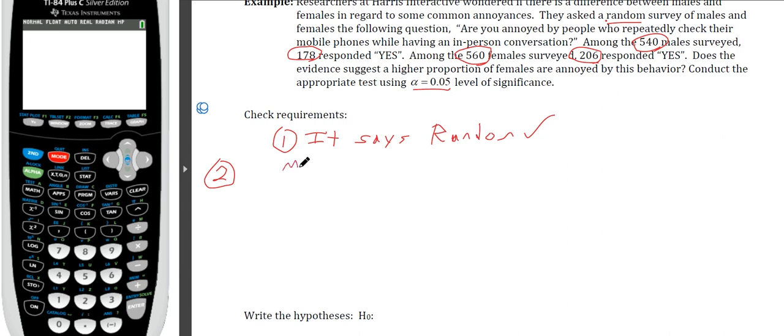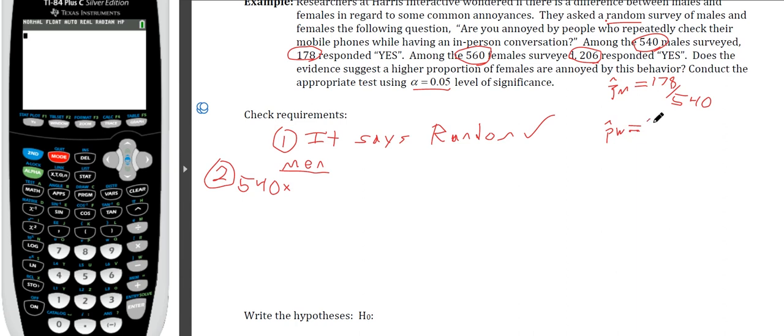I'll say men. We have 540 men responding. And what we're going to need to do is multiply that by the proportion. That proportion is the 178 out of 540, so we'll find that. p hat for men is 178 out of 540. And while we're at it, we can also find the same thing for women. So p hat for women, because we're going to need that in just a moment.